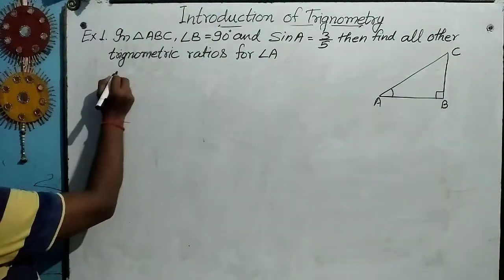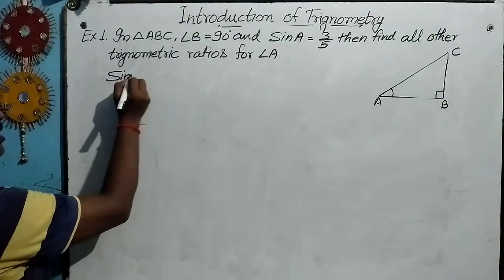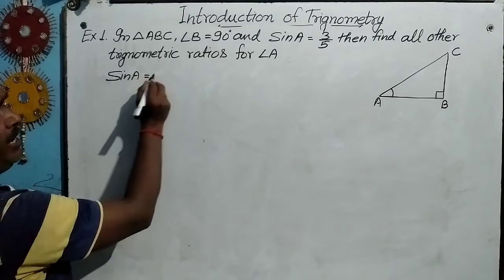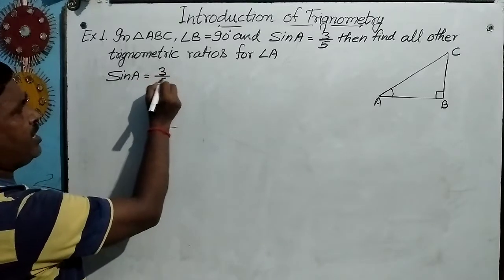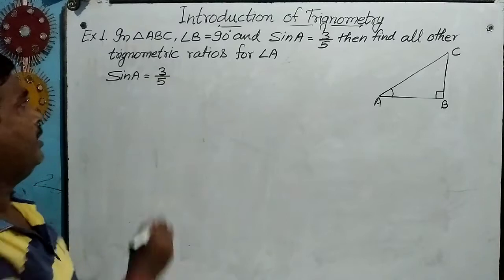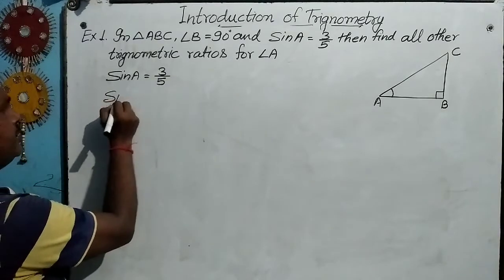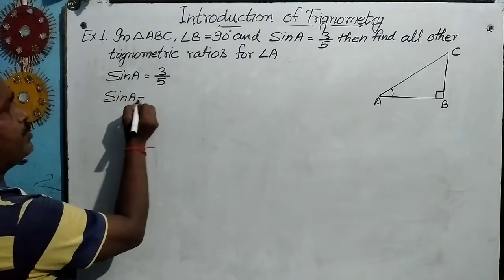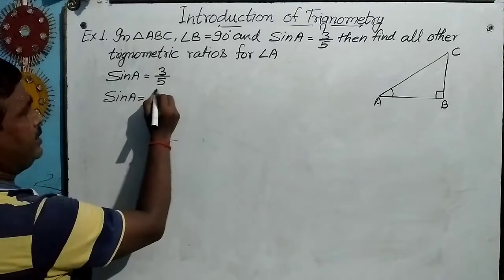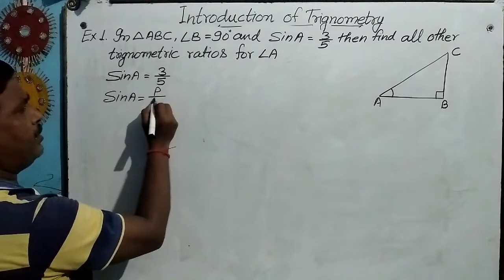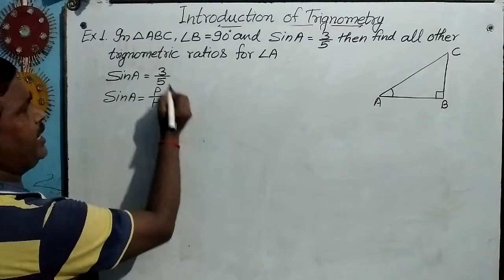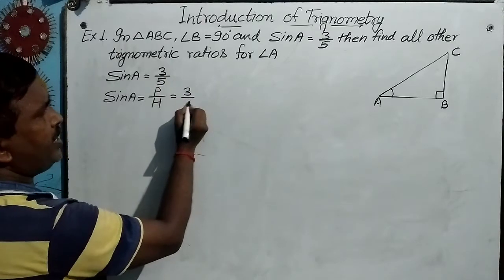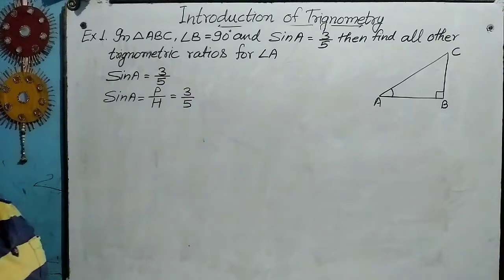Sin A. Listen here carefully. Sin A is equal to 3 upon 5. And what about sin A? The formula for sin A is perpendicular upon hypotenuse, and here you have 3 upon 5.